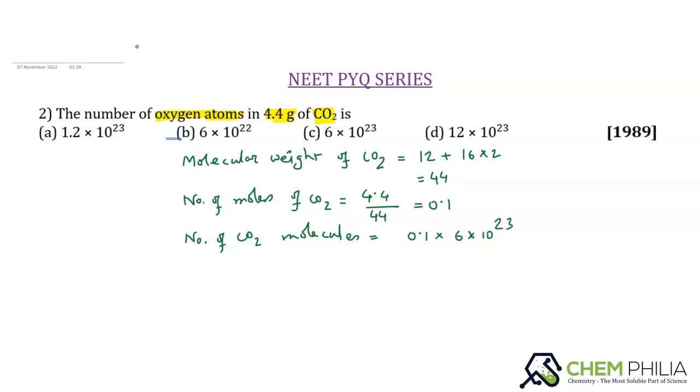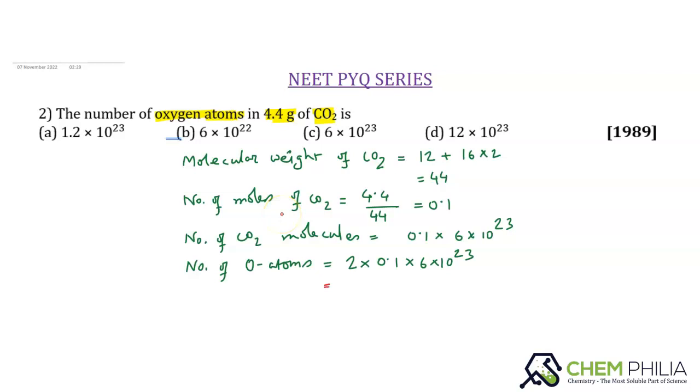Now we have to find the number of oxygen atoms. Now in each CO2 molecule, you know that 2 oxygen atoms are present. So the number of oxygen atoms is equal to twice the number of CO2 molecules. Let us calculate the number.